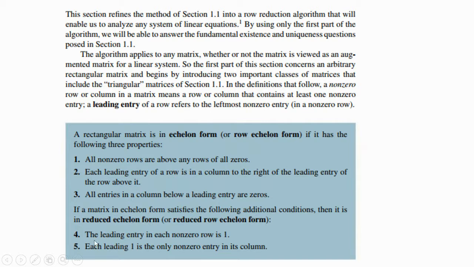First, the leading entry in each non-zero row is 1, and second, each leading 1 is the only non-zero entry in its column. That means it's not only triangular, but the steps you're going down have ones as leading entries. So that is the definition of row echelon form, and this is called reduced row echelon form.